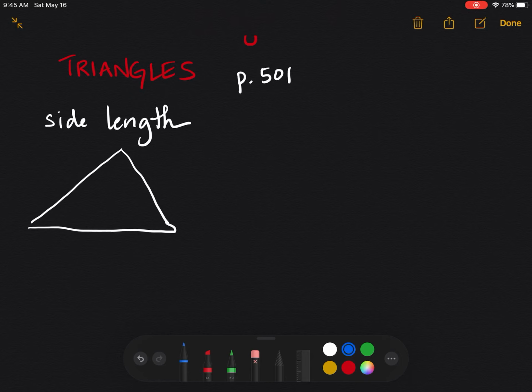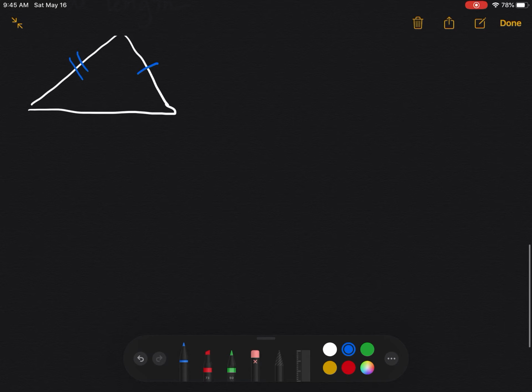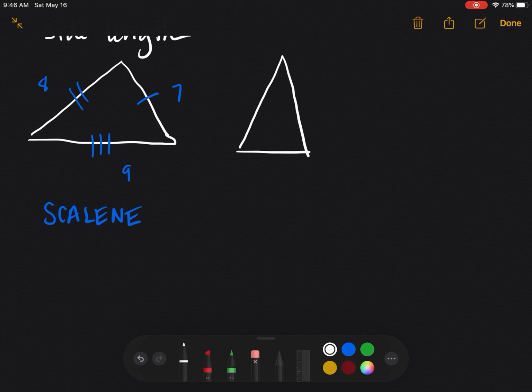Okay, so in this case, this side is one length. Oops, this side is another length, and this side is a third length. Okay, I don't know what they are. They could be like 7, 8, and 9, whatever. They're all different. And we call this a scalene triangle. Okay, now sometimes we have a triangle where two of the sides are the same. Maybe these two are the same. All right, I don't know. Maybe they're 10 and 10.